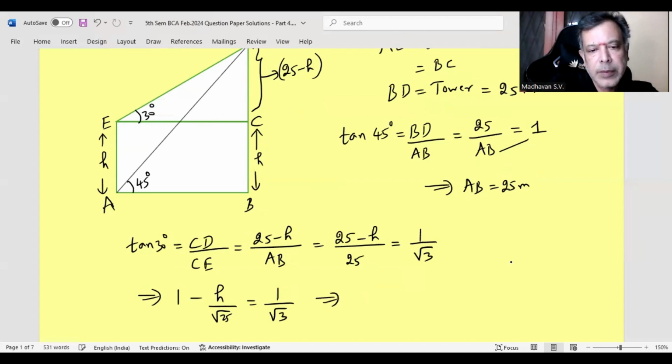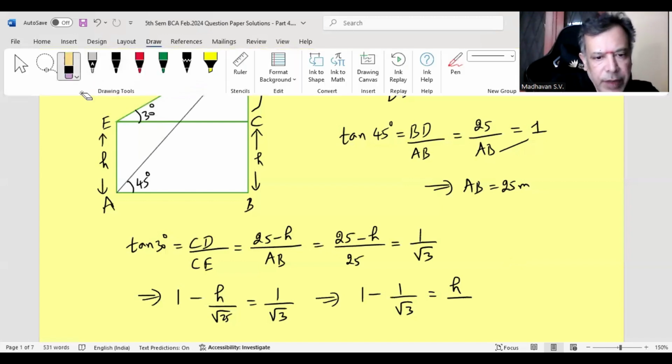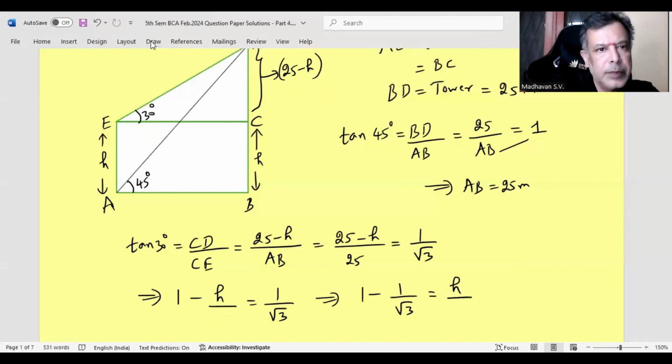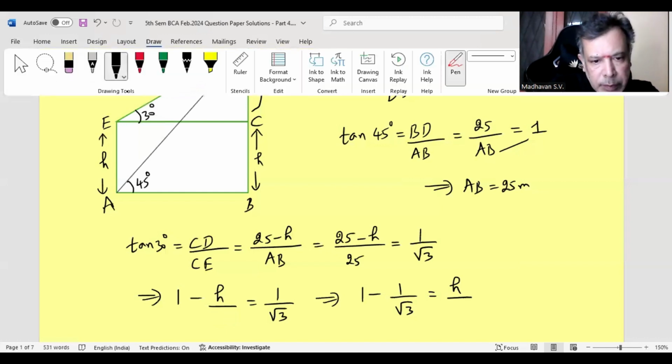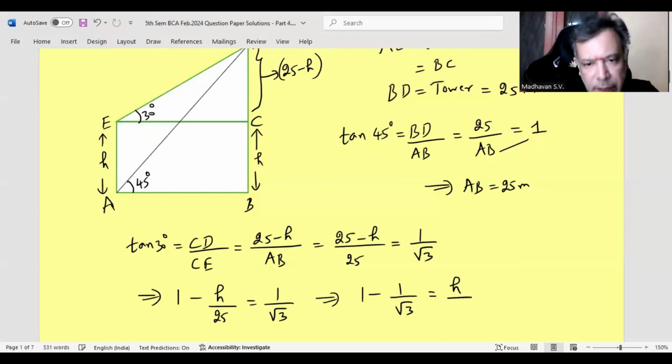Sorry, it is h by 25, not root 25. We divided both by 25. I am bringing this 1 by root 3 to the left hand side, it becomes negative, and bringing this to the right hand side, it becomes positive.